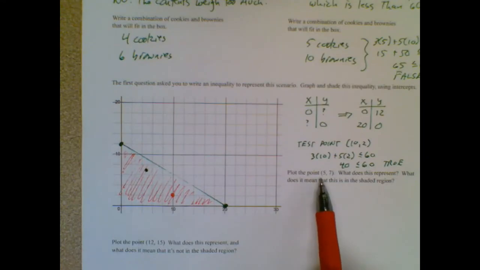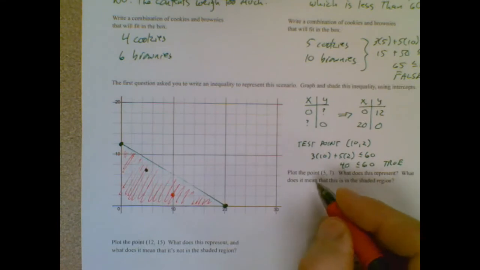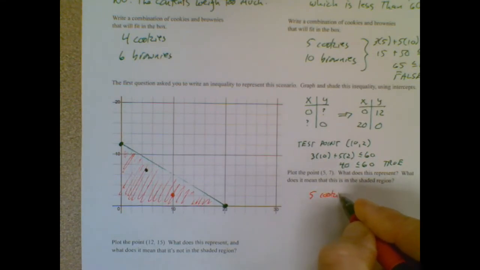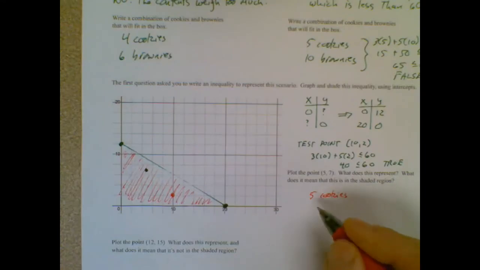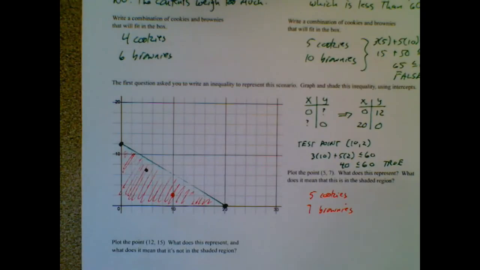So this next question says, plot the point 5, 7. I've already done that. It's right there. And what does this represent? Well, the 5, 7 represents 5 cookies because x represents the number of cookies, and 7 brownies. These are what we're going to try to put into the box.